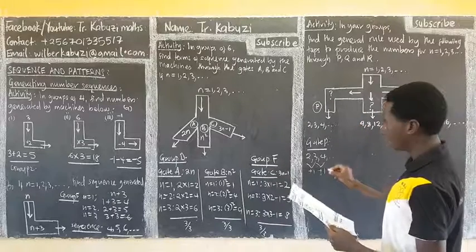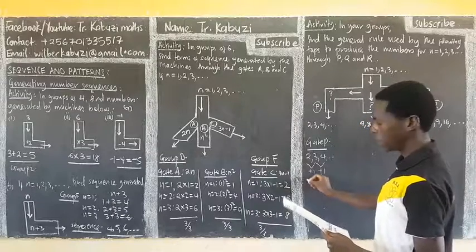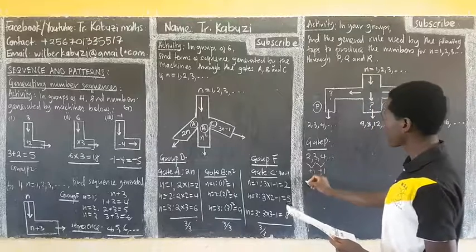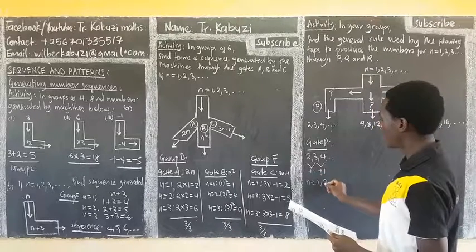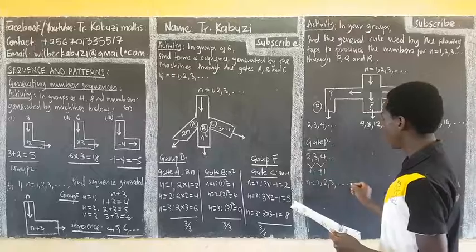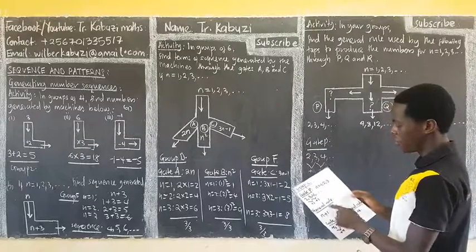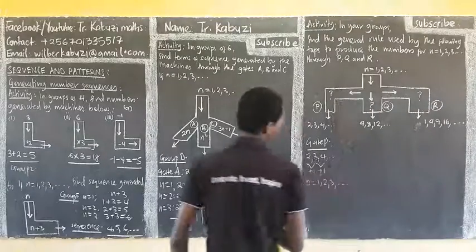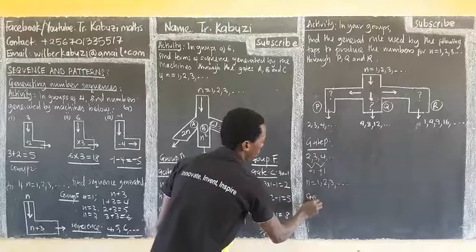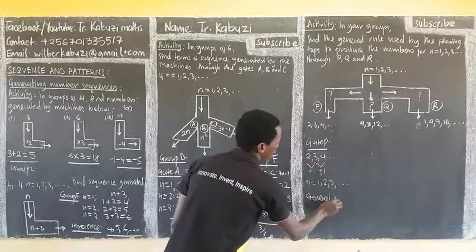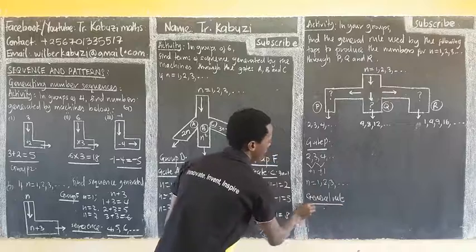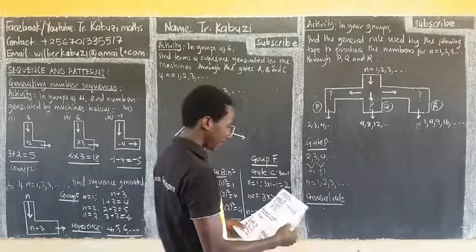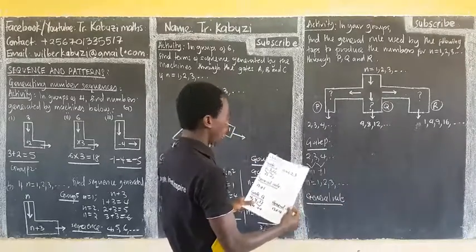So they are saying if n was equaling 1, 2, 3, so they saw that the general rule, they said here the general rule was, you see, they said n plus 1.